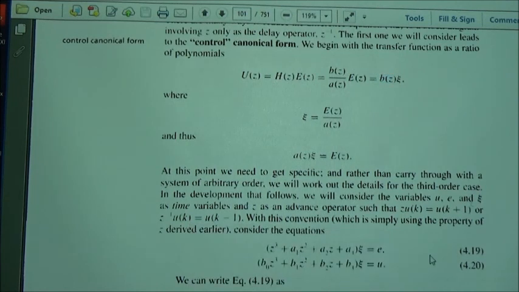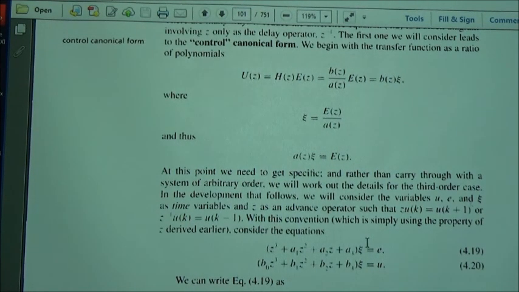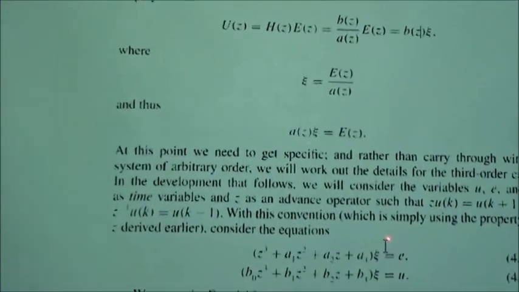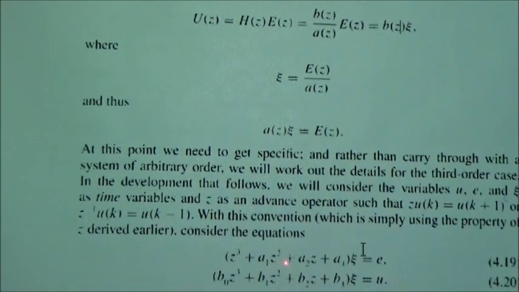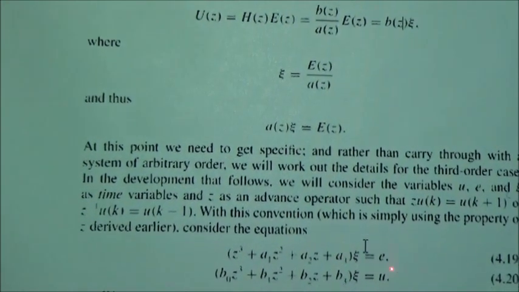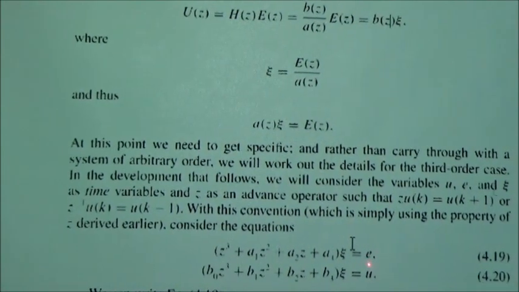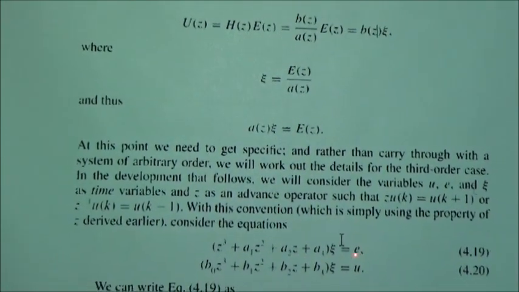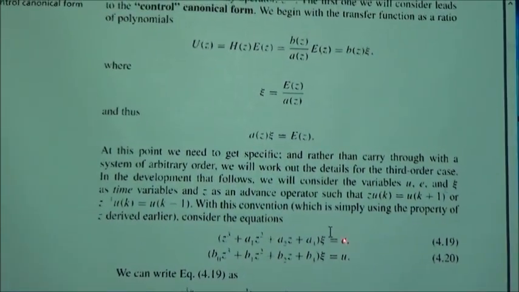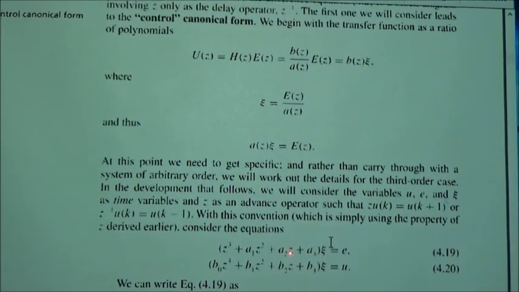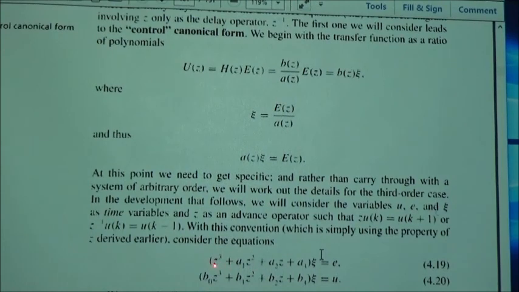Now, as you can see here, the input is going to have 4 terms rather than 1 term, which is normal if you have a single input. In this case you have a variety of inputs: the input by itself, delayed 1, delayed 2, delayed 3.